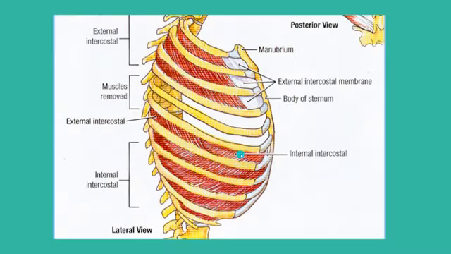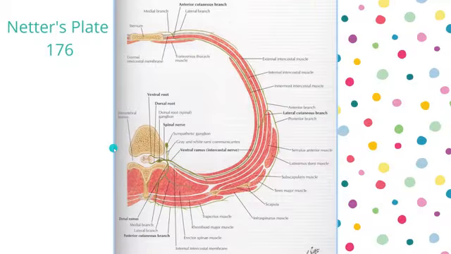If you see, they don't have the innermost intercostals showing, but the fibers are running posteriorly and inferiorly, just like the internal intercostal. They are going to be separated from the internal intercostal muscle by this neurovascular plane.